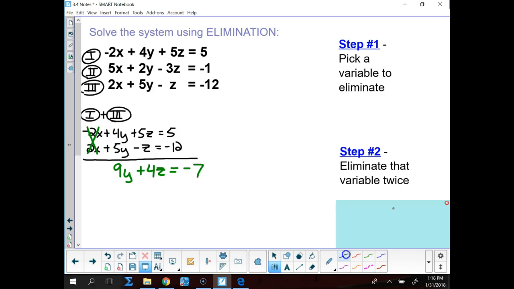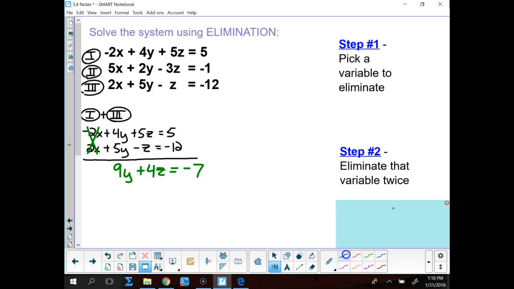Now the downfall is now I can't use equations 1 and 3 again. I got to pick something else. What do you want to pick? Either got to pick equations 1 and 2 or 2 and 3. What'd you say, Ken? 1 and 2? Good choice. Okay?